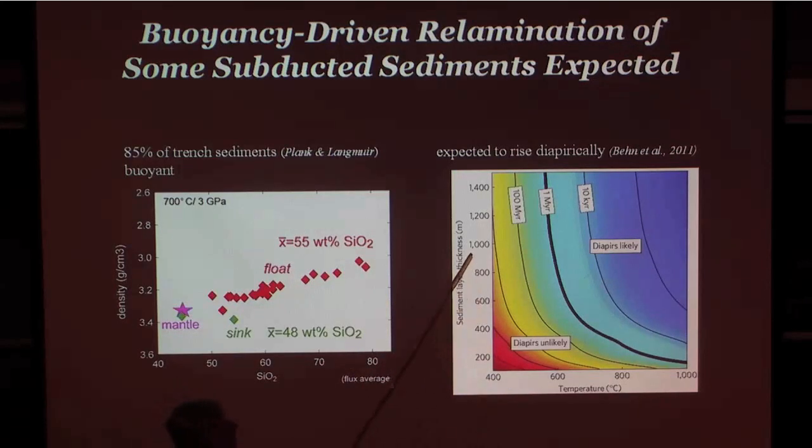What he calculated was that for material that was about 1 kilometer thick, once it reached 600 degrees, or if it was a few hundred meters thick, once it reached 800 degrees, it could rise diapirically and transect the mantle wedge and underplate the hanging wall.